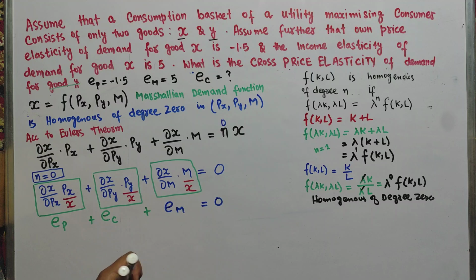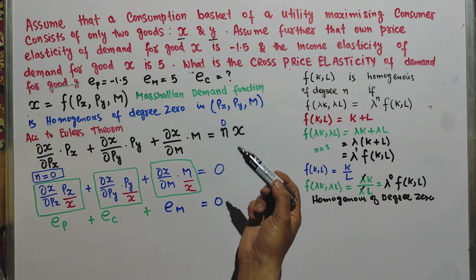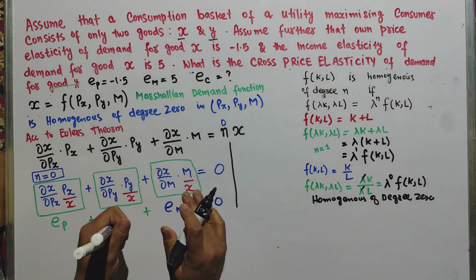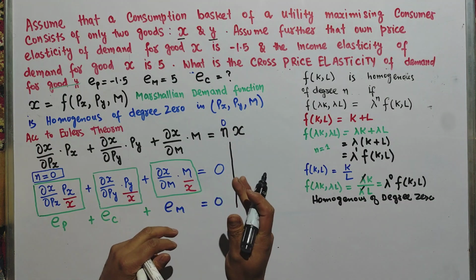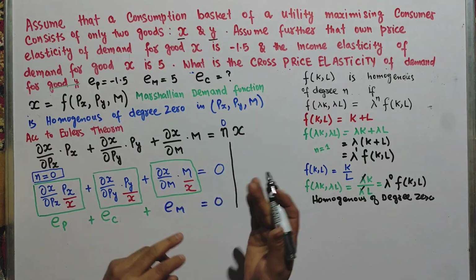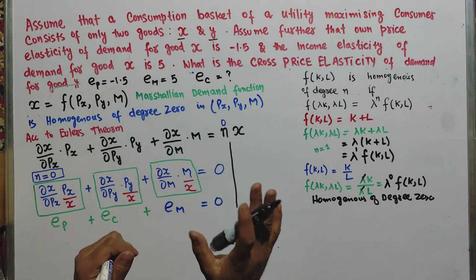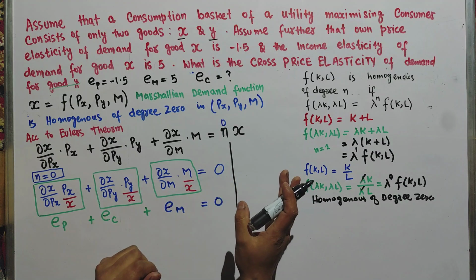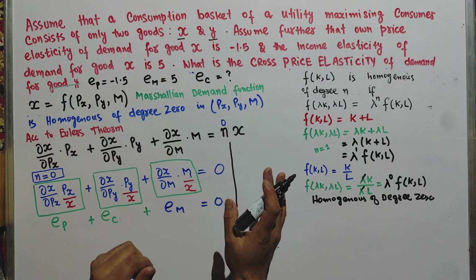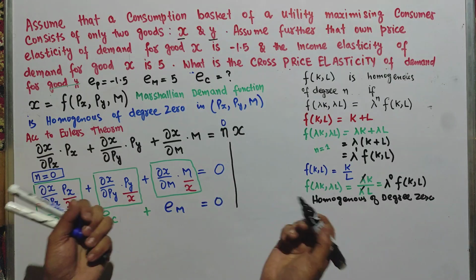Marshallian demand function, when we say it is homogeneous of degree 0 in income and prices, what exactly is meant by this? It simply tells us if we multiply all prices and income by the same amount, demand will not change at all. How do I explain it?